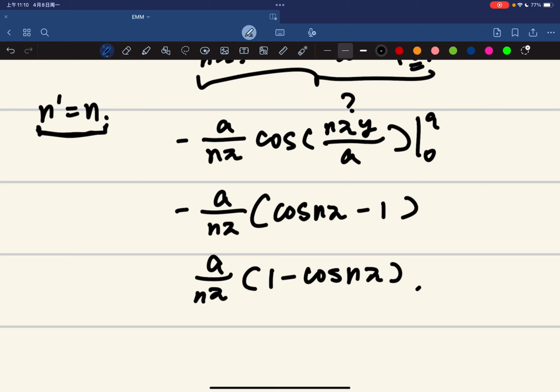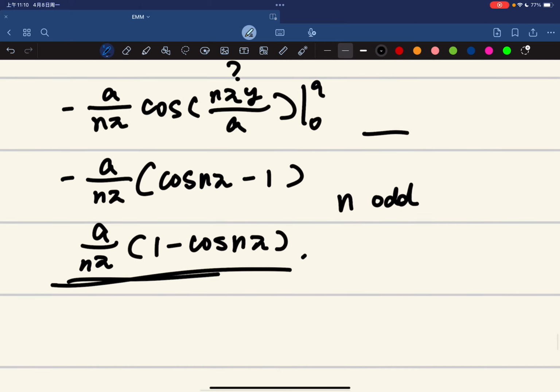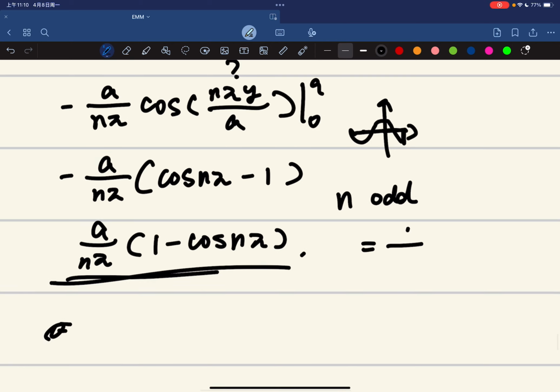This result is interesting, because when n is an odd number, for example 1, cosine n pi is negative 1, so this will equal 2.